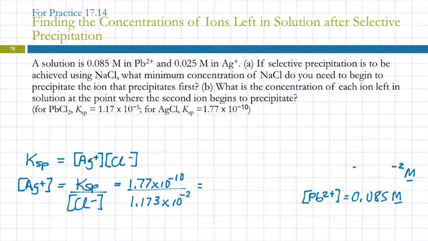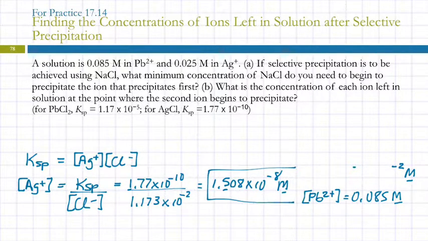1.77 times 10 to the minus 10 divided by 1.173 times 10 to the minus 2. This is giving me 1.5 times 10 to the minus 8. So that's the concentration of the silver ion.